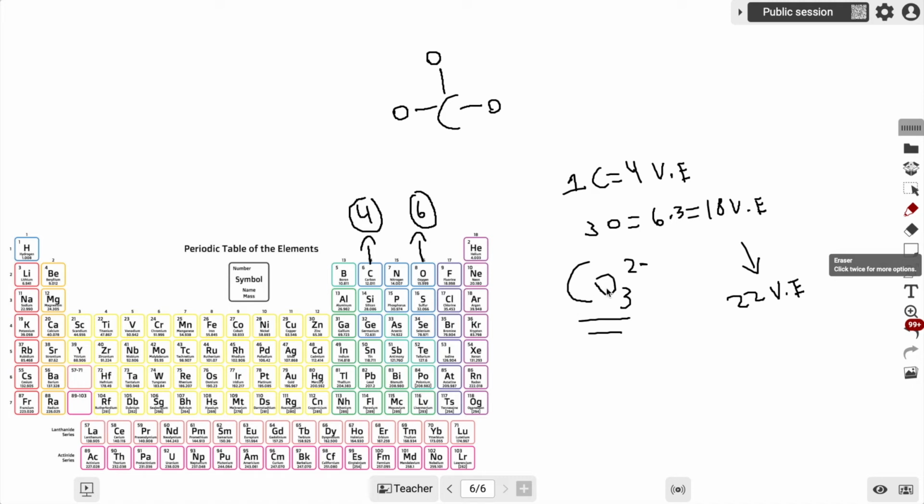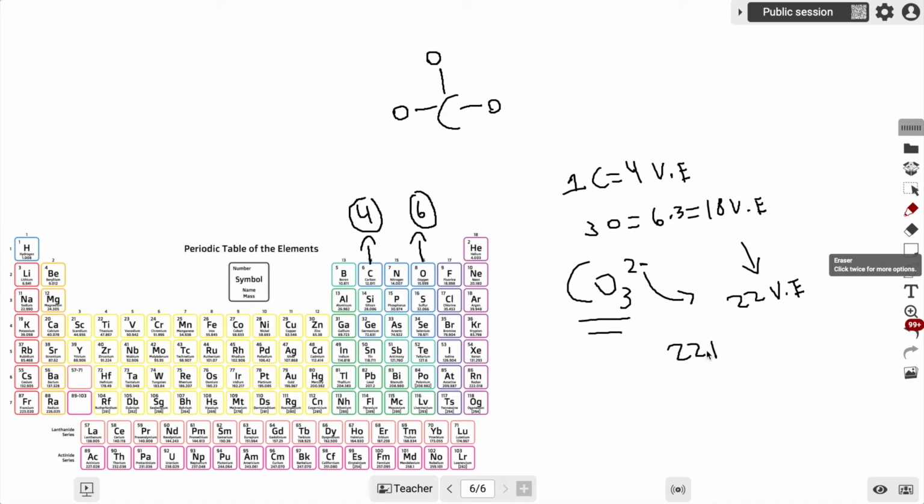We need to take a look at the charge. There is a 2 minus charge on carbonate. And what that means is that, if you remember, when we have a negative charge, that means an atom gains an electron. It adds an electron. So in this case, since it is a 2 minus charge, all we have to do is add the 2 to the 22.